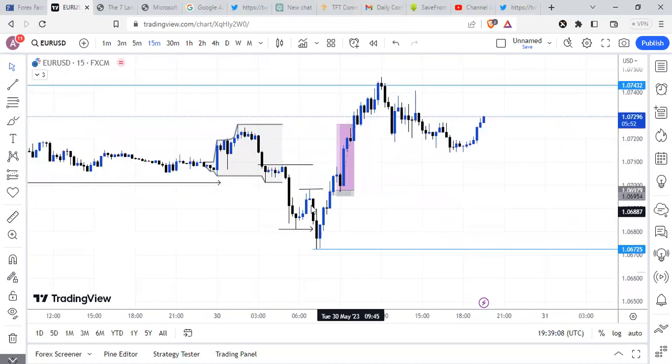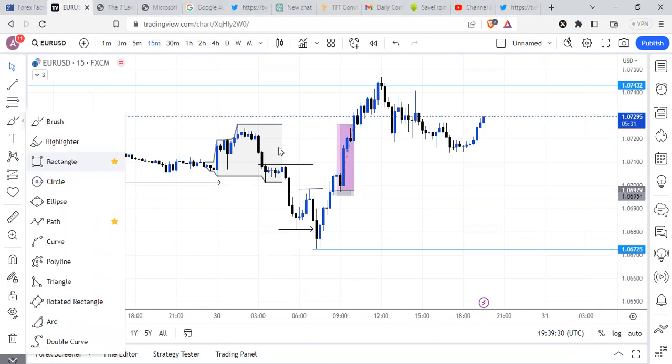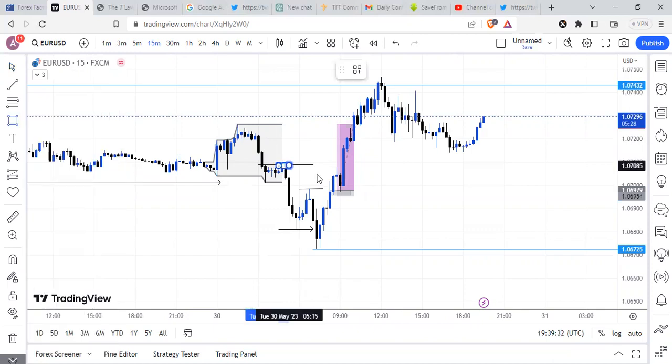This was in the morning, somewhere around 8 a.m. Price broke structure again to the downside here. What I was looking for now was an area where I would short and take my profit right here at this line. So what I saw on the chart was this order block here.